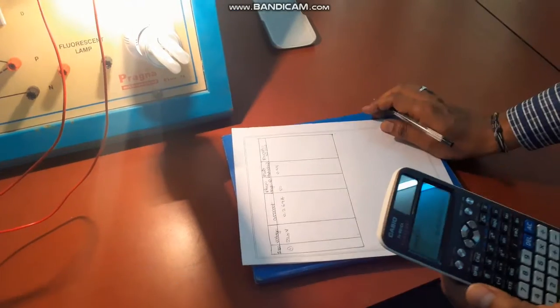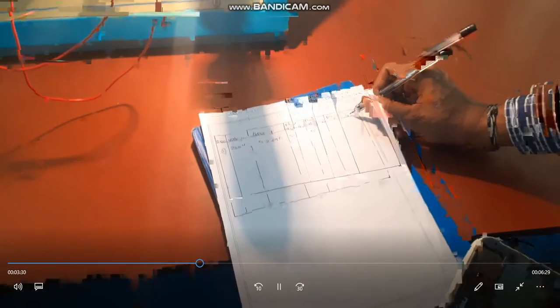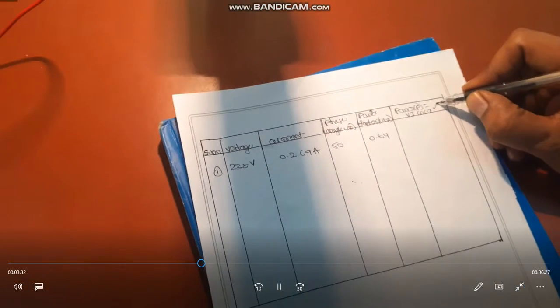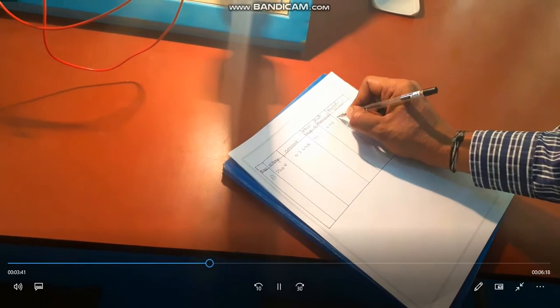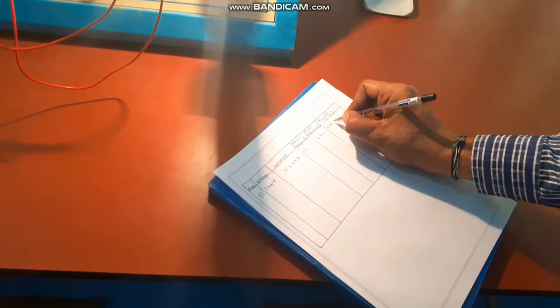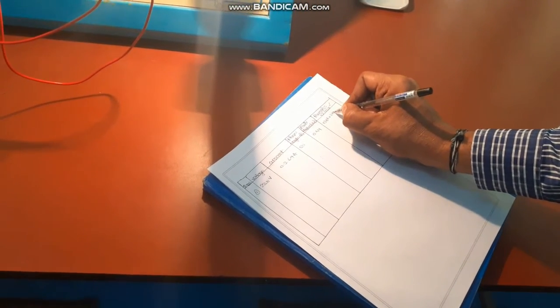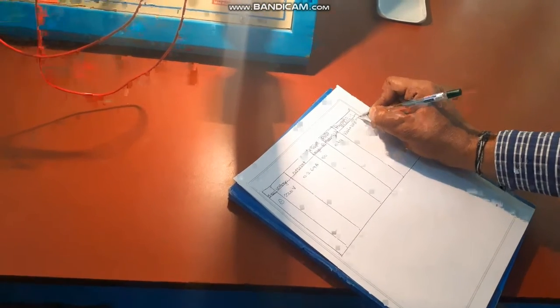Again we have to find the power. To find the power, we have the formula P equals voltage into current into power factor cos phi. Therefore we multiply 238 into current 0.269 into power factor 0.64.